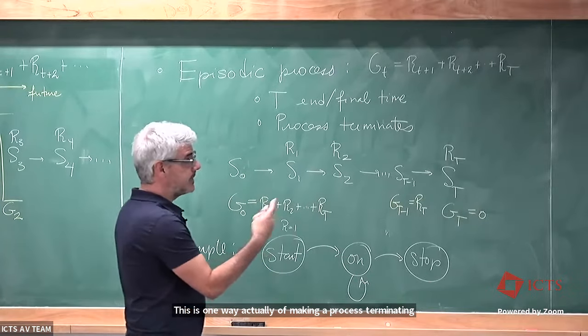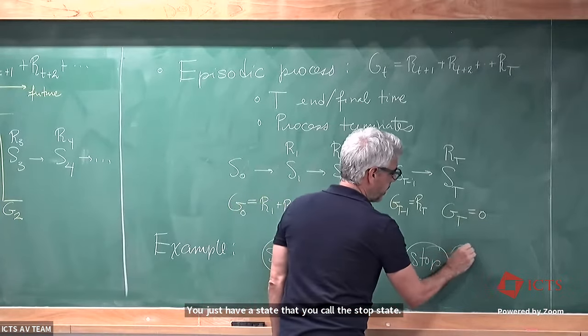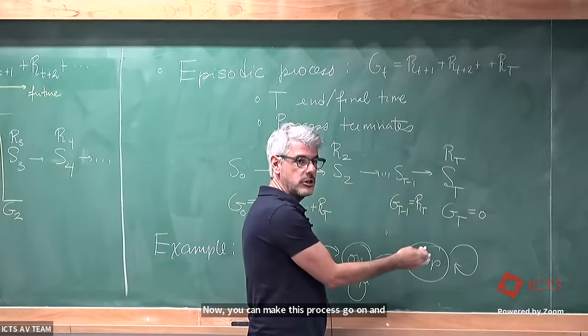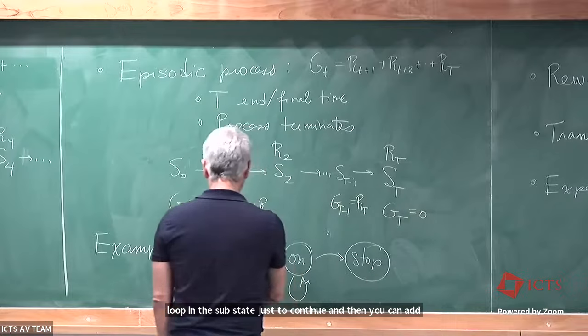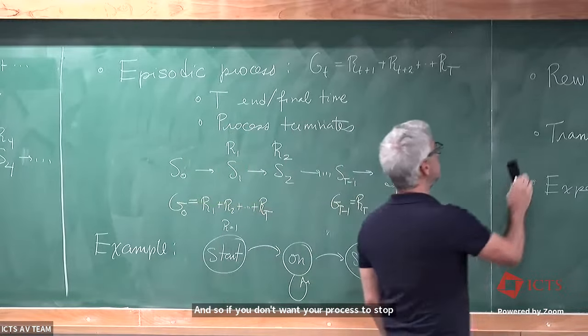Now you can make this process go on and on if you had a loop in the stop state, just to continue. If you don't want your process to stop, then this will be called a continuing process.